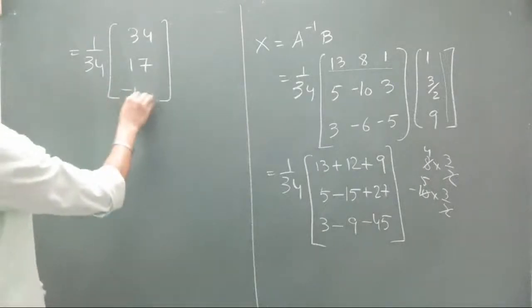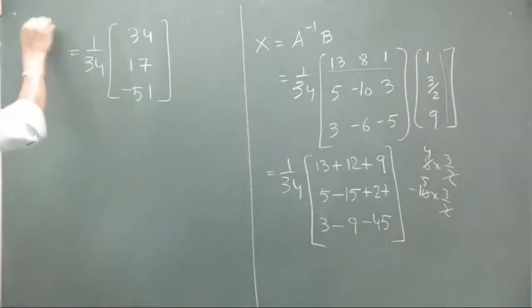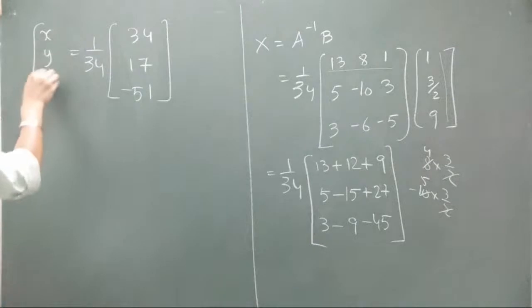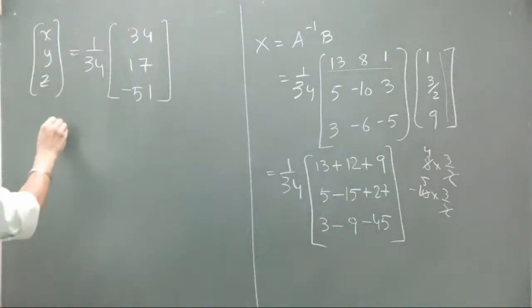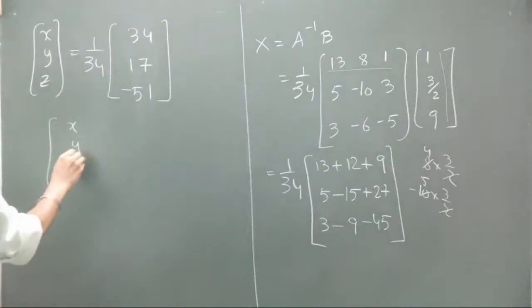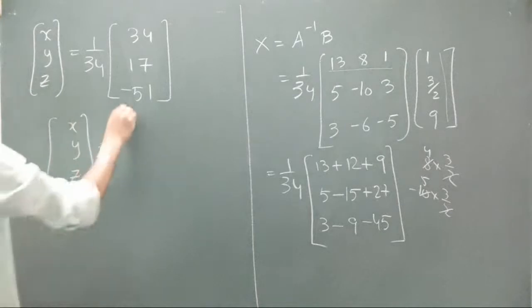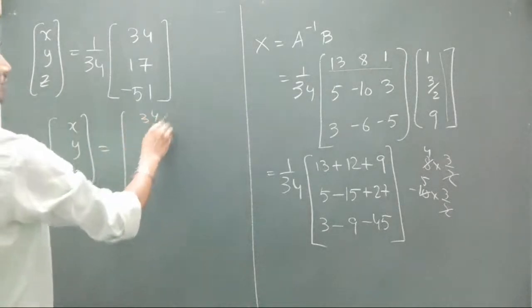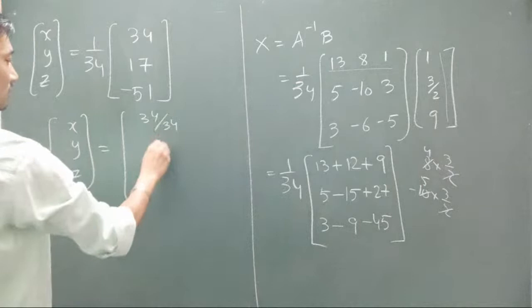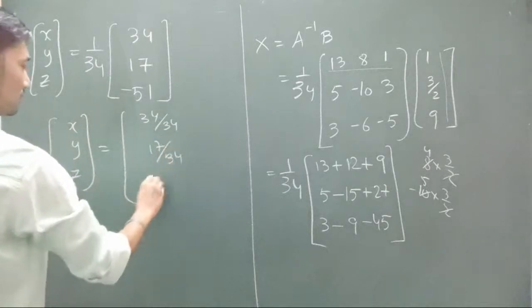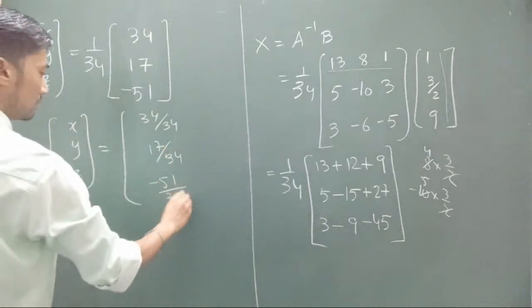Minus 51. So that was here x, y, z. So again x, y, z is equal to 34 by 34, 17 by 34, minus 51 by 34.